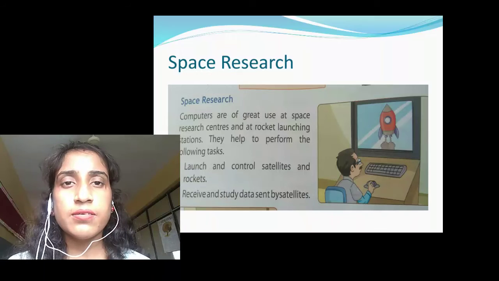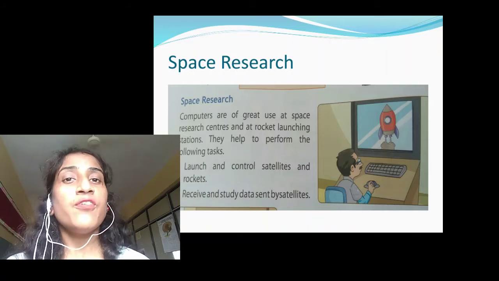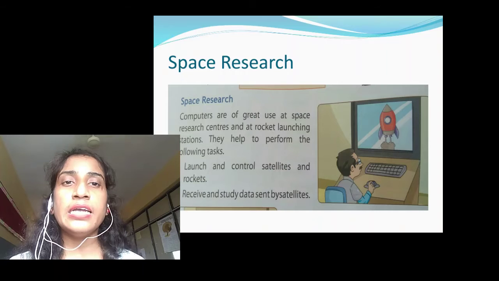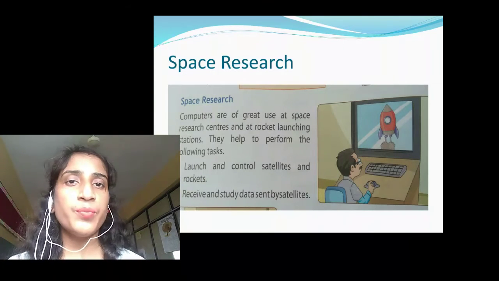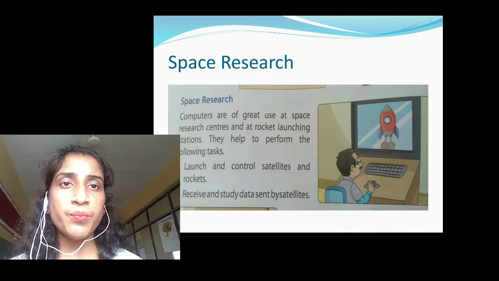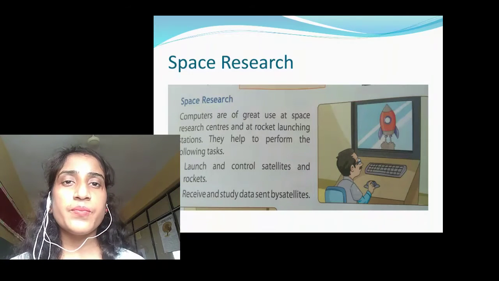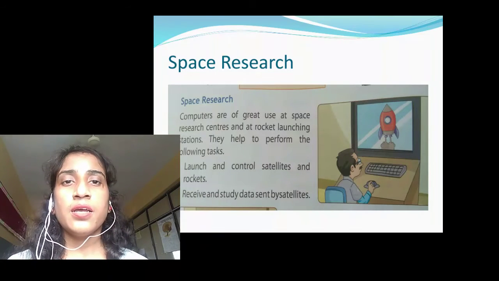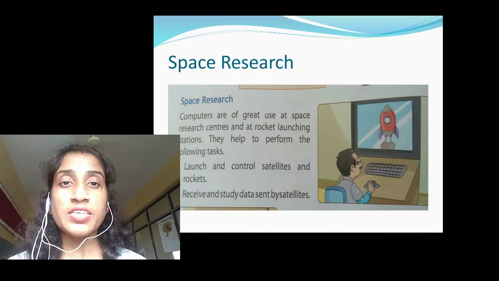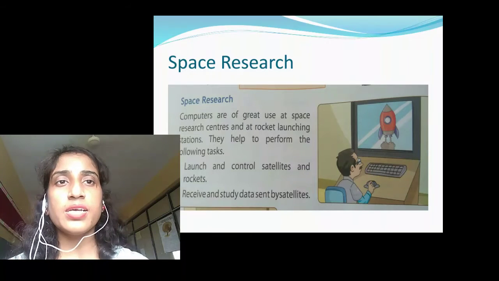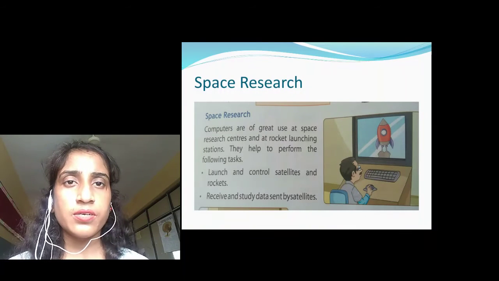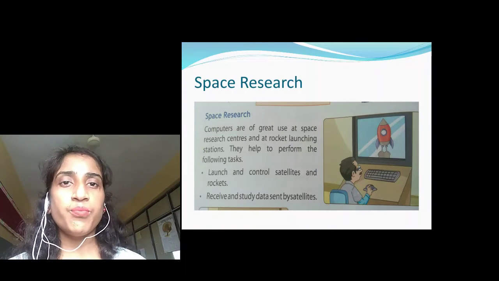The weather forecasting information comes with the help of computer, because in space research, supercomputers are used, and in supercomputers all the information about the planets and space research is stored. So we can say that in space and research, computer is widely used and performs a very important role.